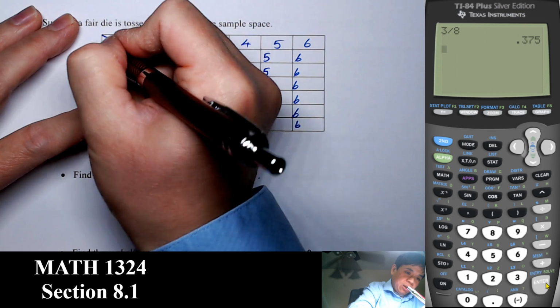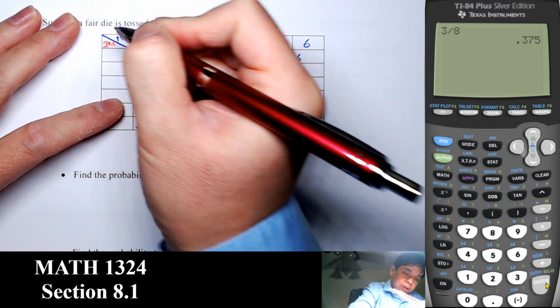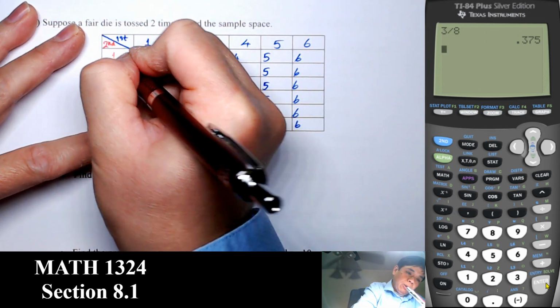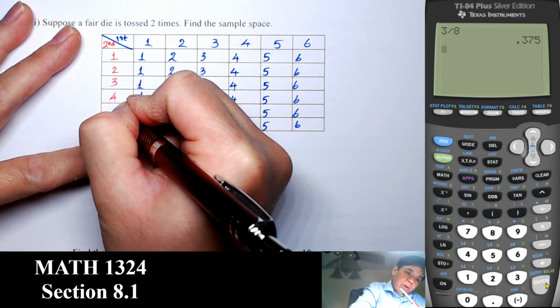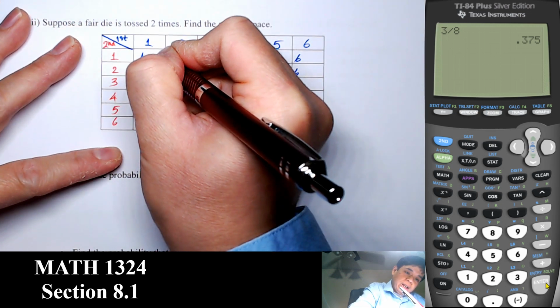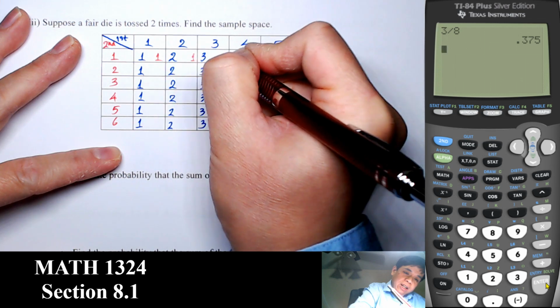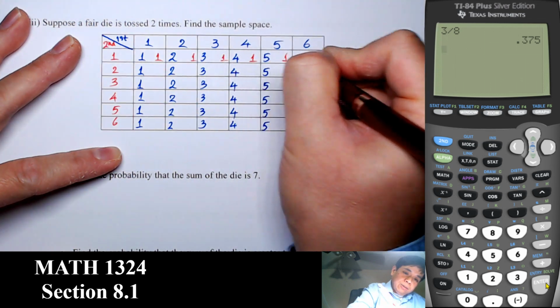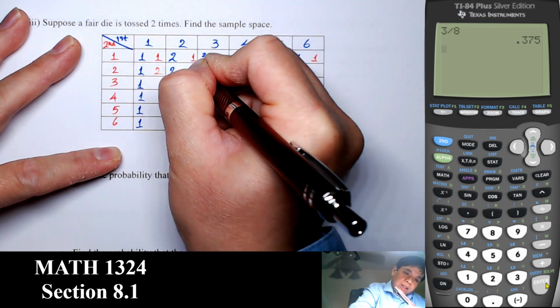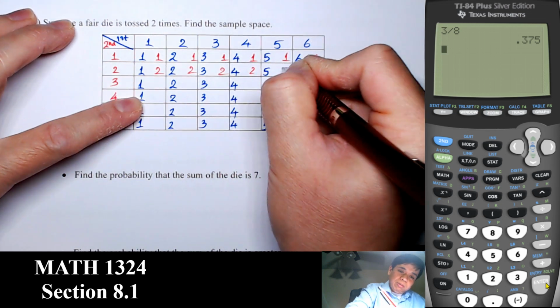And now we have the second die: 1, 2, 3, 4, 5, 6. We could have 1 on the second, 2 on the second. Just do that.